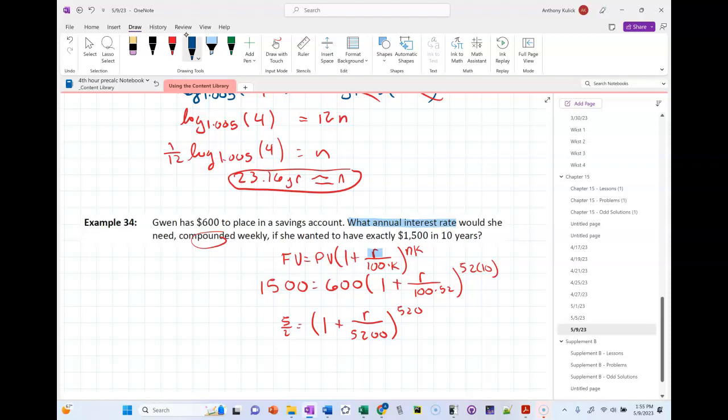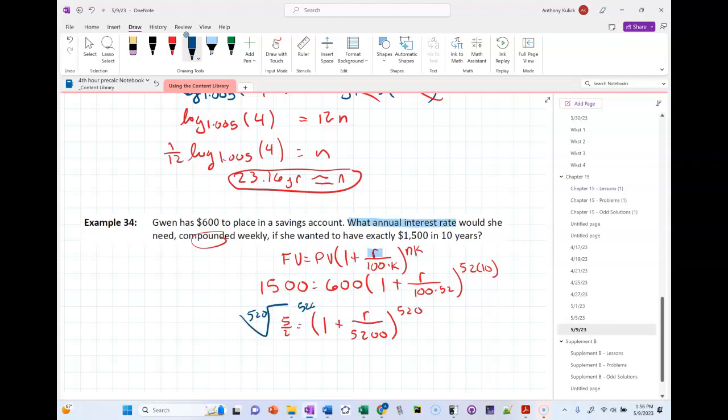Not a logarithm. A logarithm is going to cancel the exponent base. What's going to get rid of the exponent itself? Not a natural log. What if that was just an exponent of 2 up there? How would you get rid of that exponent of 2? Square root, right? So what am I going to use here?